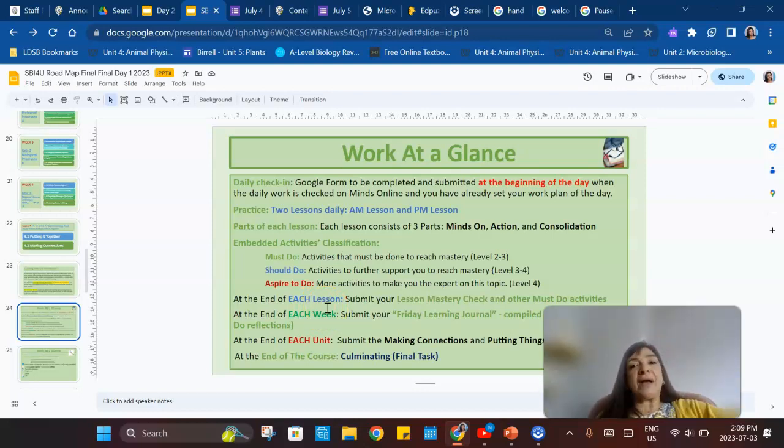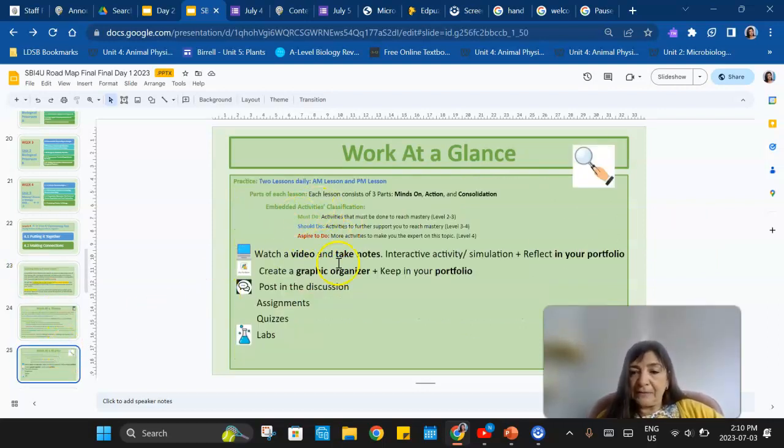So I try to classify them into activities that are must do, that just allow you to pass, or should do, that prepare you to reach level 3 or 4, and aspire to do, which prepare you to be an expert in this topic and contain the skills that help prepare you for university. So focus on these 3 levels because it's important to set your priority while planning for your work.